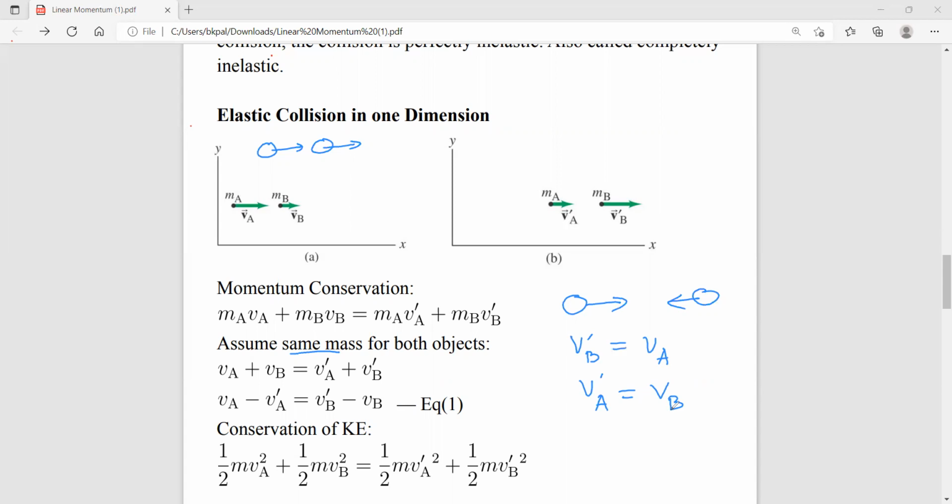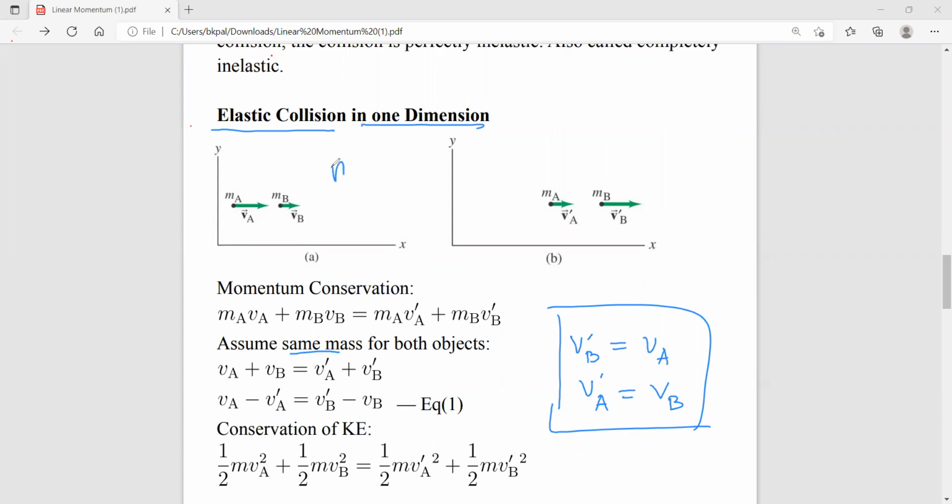If you are interested please go through the algebra. If you have questions let me know, but the thing to understand is these two final things, and it happens only if the collision is elastic in one dimension and if the mass ma is equal to mb.